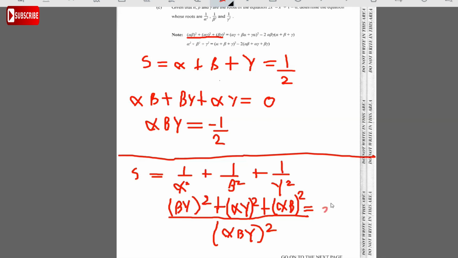So it works out to be 0 square minus 2 alpha beta gamma. Alpha beta gamma is minus a half times minus 2, that works out to be plus 1, times alpha plus beta plus gamma. Alpha plus beta plus gamma is a half, so it works out to be 1 times a half.